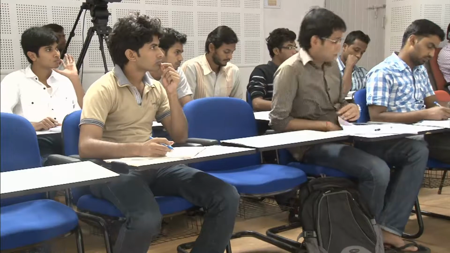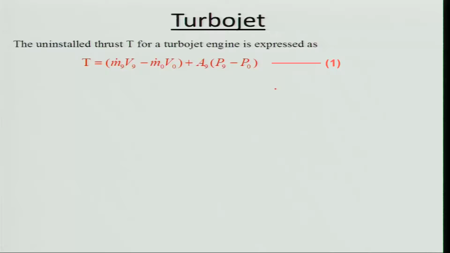So, the uninstalled thrust for the turbojet engine is expressed as, we know, F = m0 ṁ9 V9 minus ṁ0 V0. This is due to the momentum change of the flow, and this is the pressure thrust. A9 is the area of the nozzle exit, and P9 minus P0, and we had neglected this pressure thrust term.